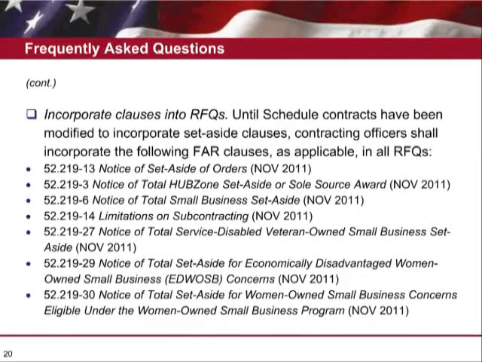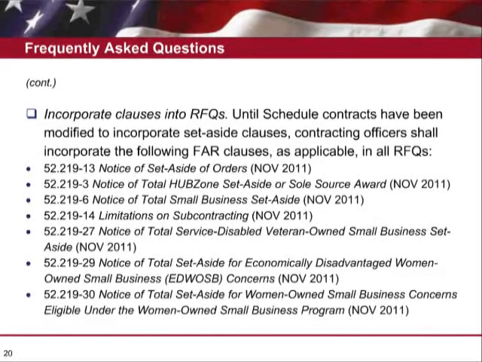And if you click that, it'll take you to all of the schedule contracts that are awarded under that schedule and the clauses that are incorporated into that schedule contractor's contract. So that's a way that you can see whether that contract or the schedule that you're looking at has been modified to include these clauses yet or not. So until the schedule contract itself has been modified, we're recommending that ordering activity COs incorporate whatever clauses from this list are applicable.